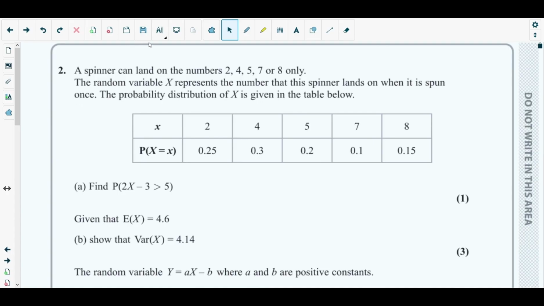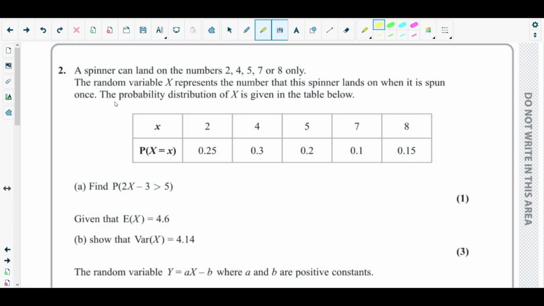The concepts behind question number 2 have been discussed in the discrete random variables chapter, chapter number 6 of your S1 textbook. To solve this question, you should have practiced questions from chapter number 6. So let's get started with question number 2.